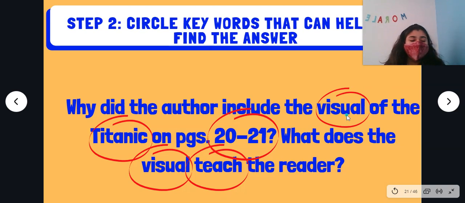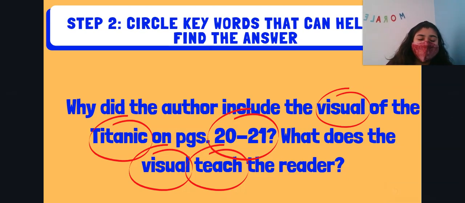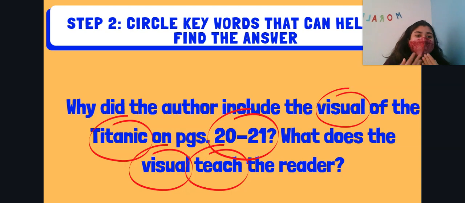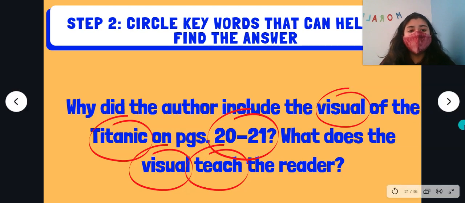Now, this question sounds like a question that is going to make me think. The answer is not going to be exactly in the text. I need to go into the text and think about my answer. So it's not going to tell me, this teaches the reader blank. I need to think about what I am seeing to help me come up with an answer.